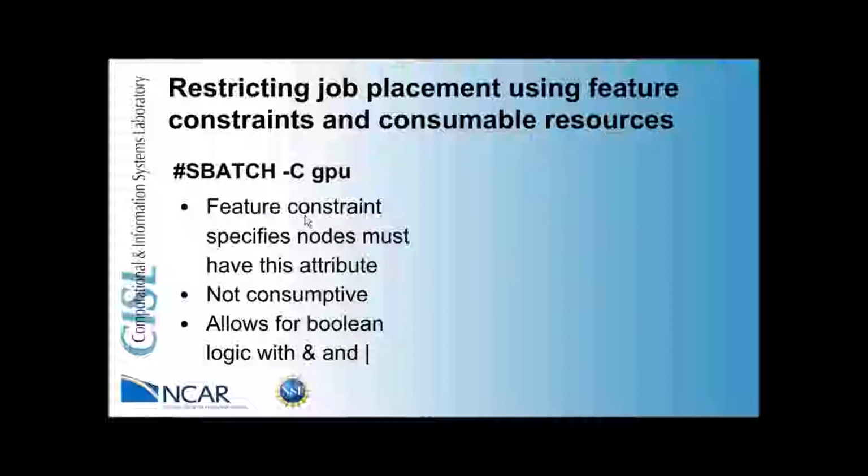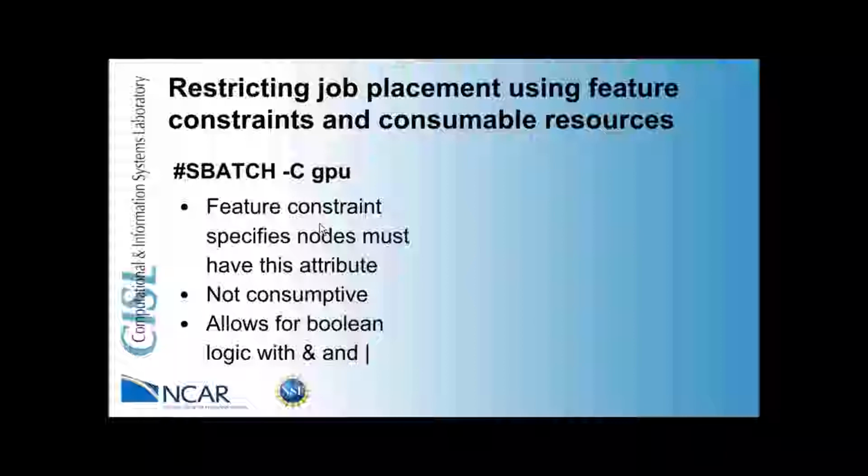So the feature constraint specifies nodes that must have that attribute. It's not consumptive, which means that if I ask for a GPU on a node, I'm not exclusively using that GPU and preventing other folks from using that GPU. So this is basically just saying I want to be on a node where I have the capability of using a GPU, but I'm not reserving it for myself. That's a feature constraint.